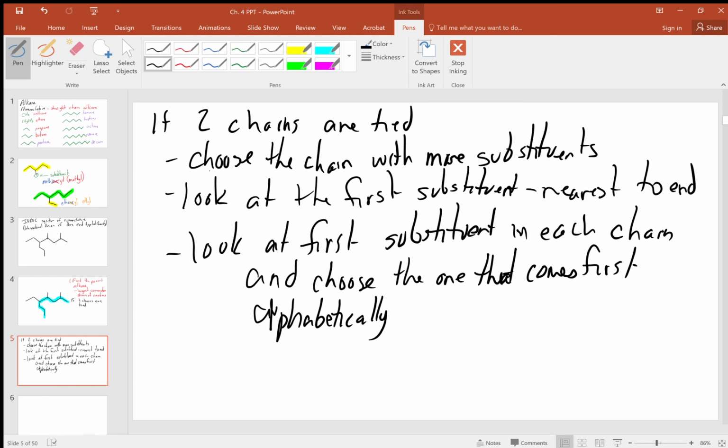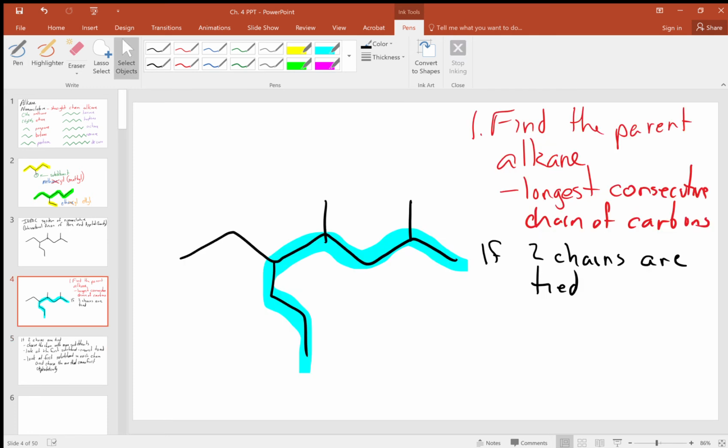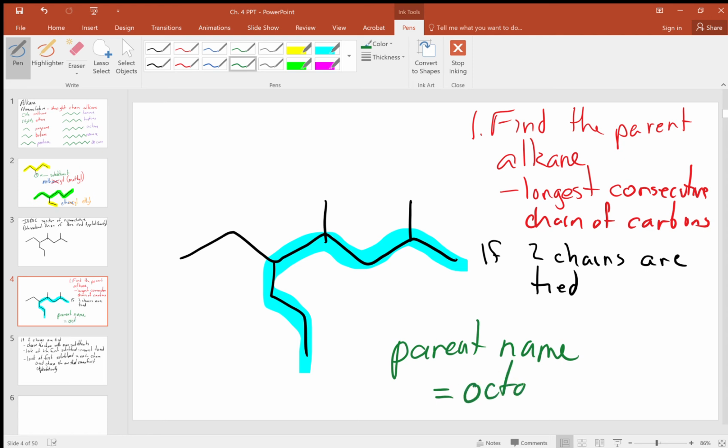If all of those are the same, then at that point we can be pretty certain that our two chains are equivalent. But we don't have to deal with any of those situations in this case. We have a chain here, and if we count it, we find that it's 8 carbons. So that tells us our parent name here is octane.